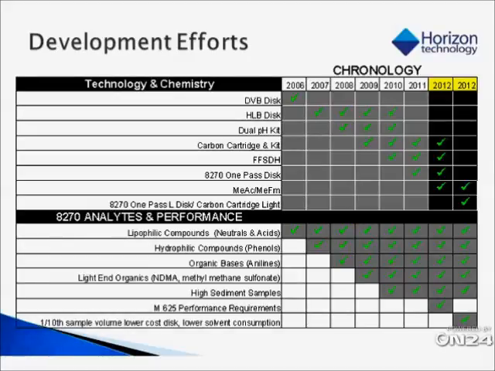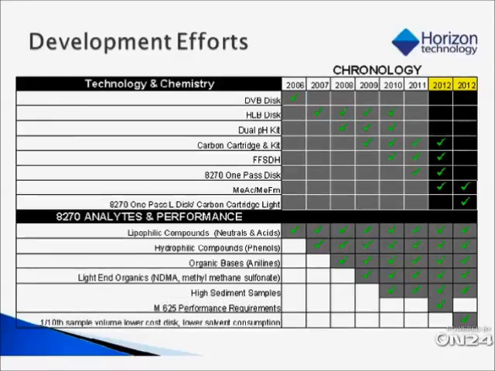Horizon's been around for 20 years, and we have continued to advance the technology and chemistry of solid phase extraction. We also have been looking at a variety of analytes and working to ensure that the technology keeps up with the analytes that are of interest in the different markets.